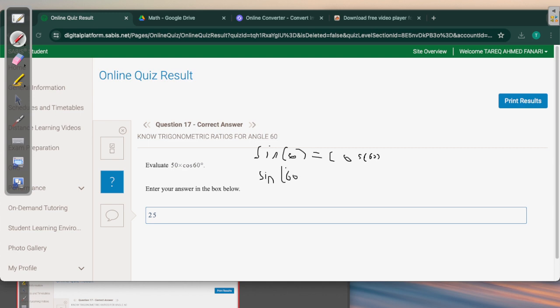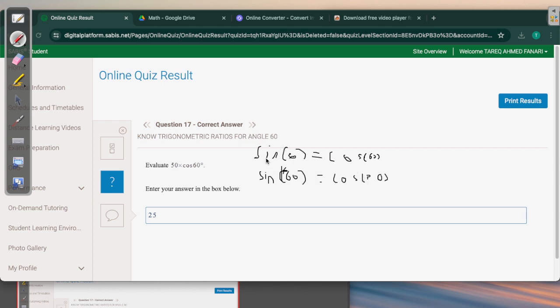Sine 60, let's just say, is equal to the cosine of 30. Okay? So, keeping this in mind, just memorize these two numbers.